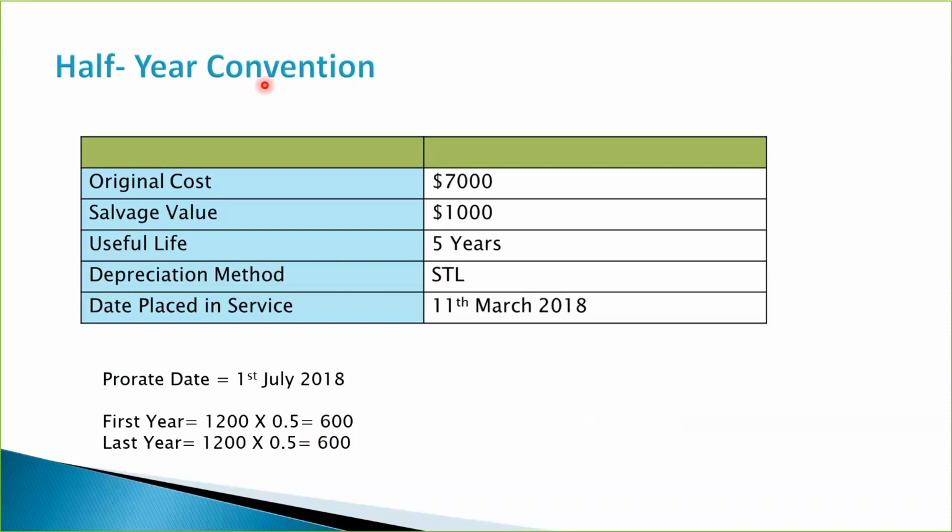In this case, because of the half-year convention, it is 600, and consequently, for the last year, it's also going to be 600. Now, for the last year, we can assume that this asset will be retired on 10th March 2023, right? That will make exactly 5 years.